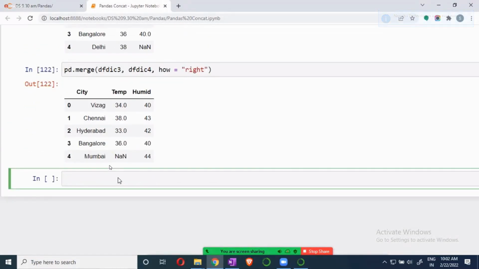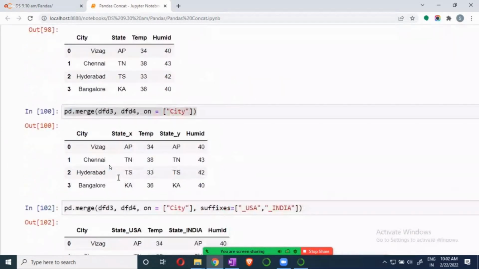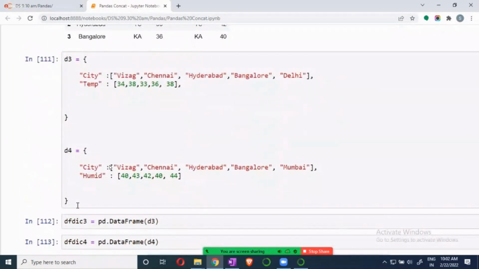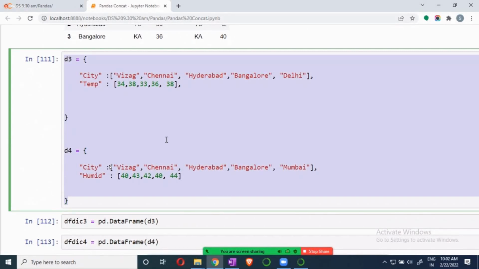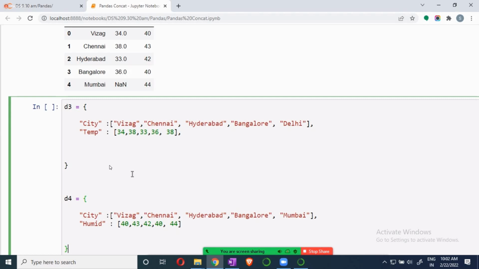Now one more thing, let's take my dictionary again. Where is the dictionary? See, if you check it out, guys, concat will be merging on the basis of column labels and indexes.